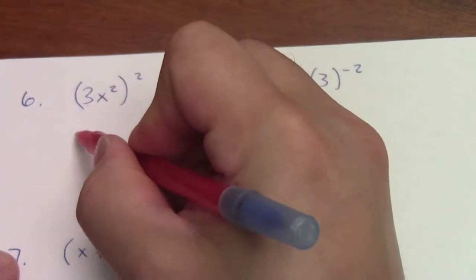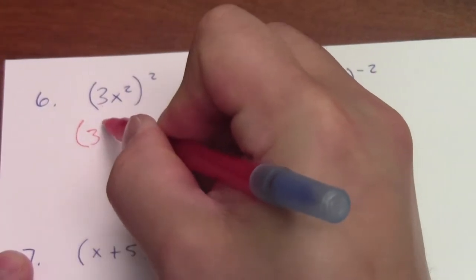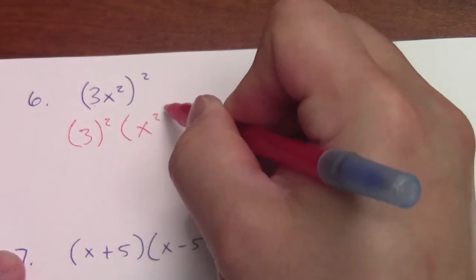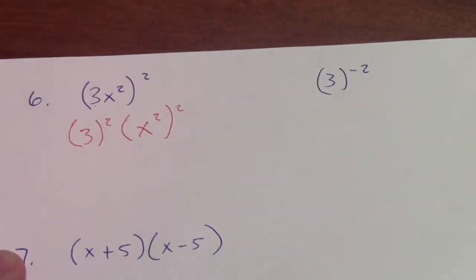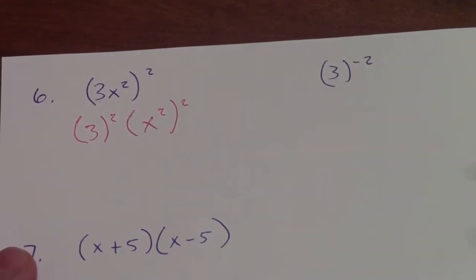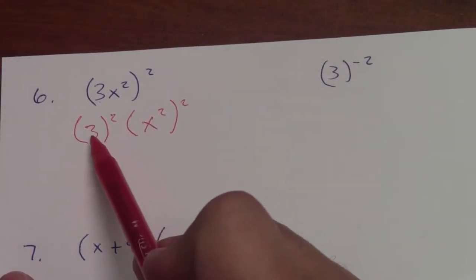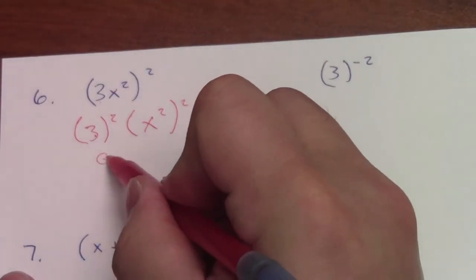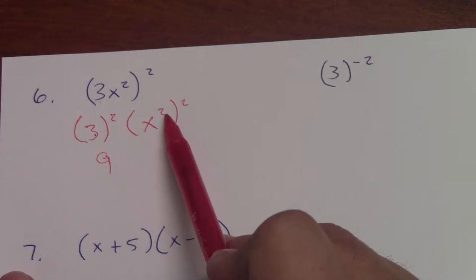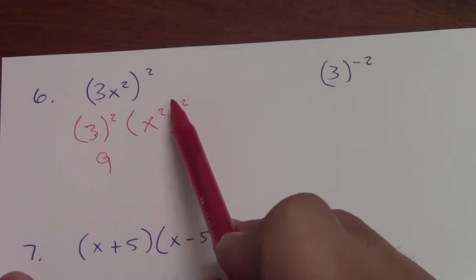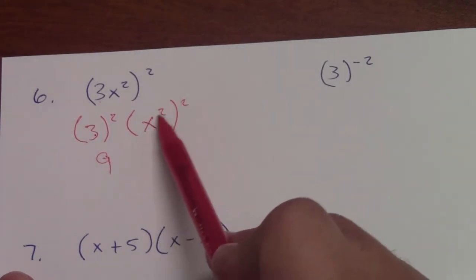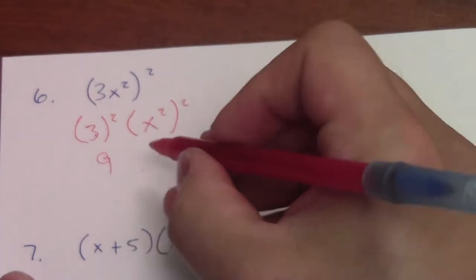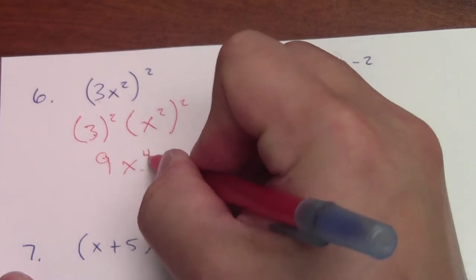So really this is a 3 squared and an x squared to the second power. 3 to the second power is actually 9. For x squared raised to a power, all you're doing is multiplying. So 2 times 2 is 4, so the answer is going to be x to the 4th.